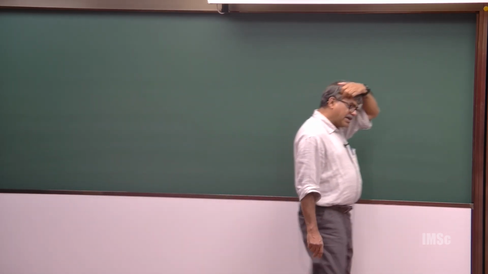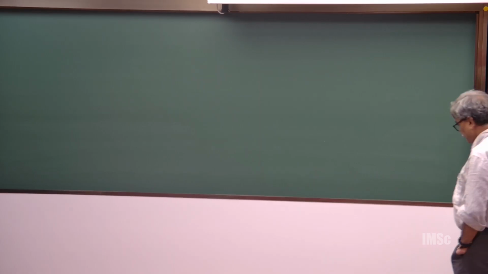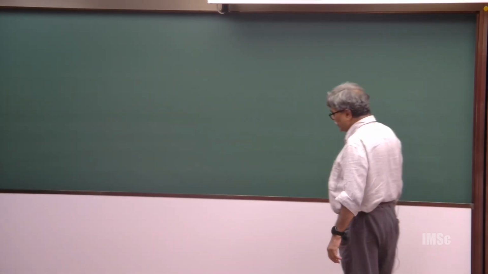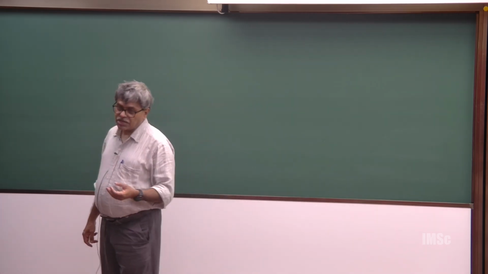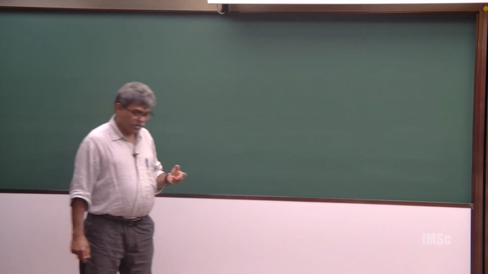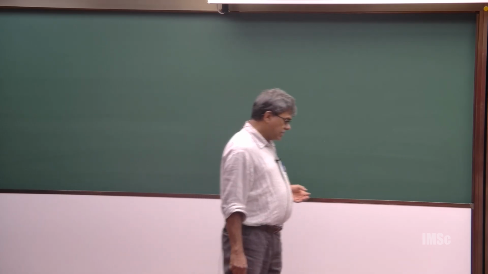So, in my last class I talked about quantization of electromagnetic field in vacuum, in the sense that you do not have any source or sink, neither any charge distribution nor any current density.